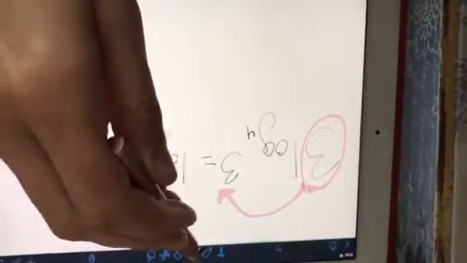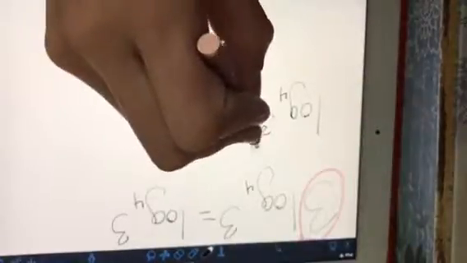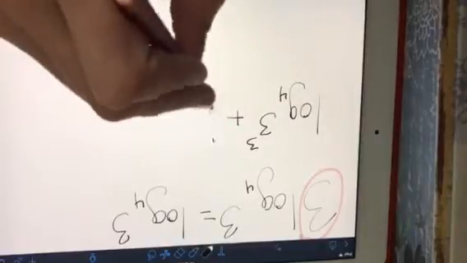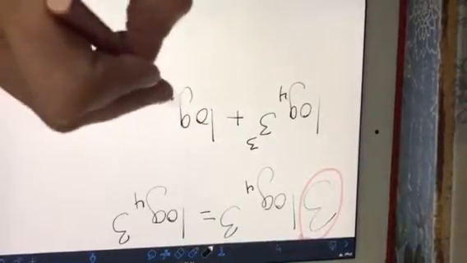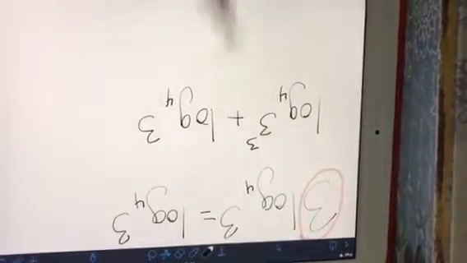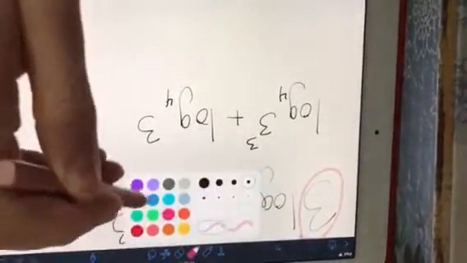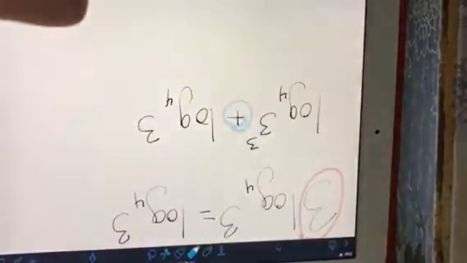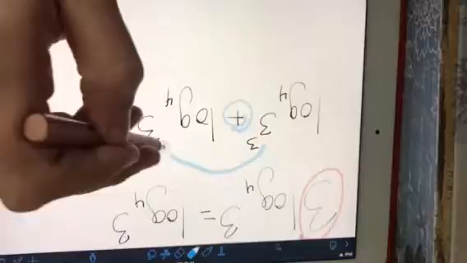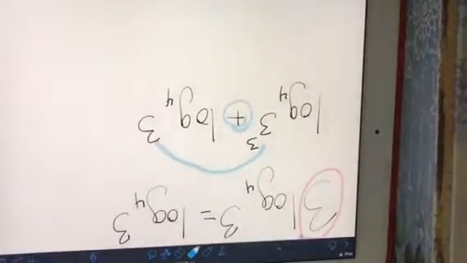Now, if we have log base 4 of 3 to the third plus log base 4 of 3, another rule of logarithms is that this plus sign means that you want to multiply these two values.